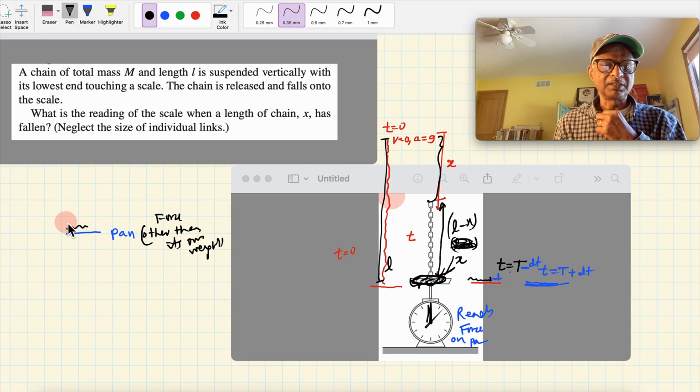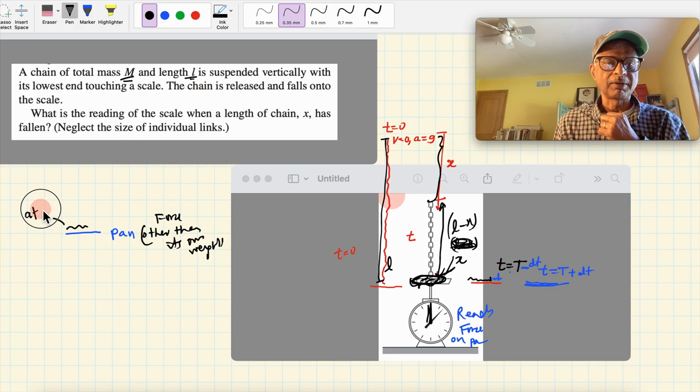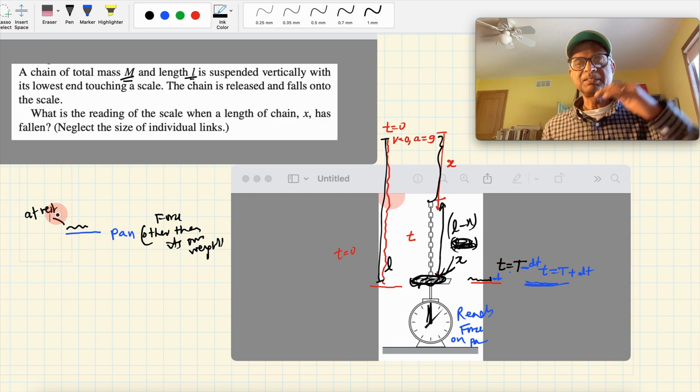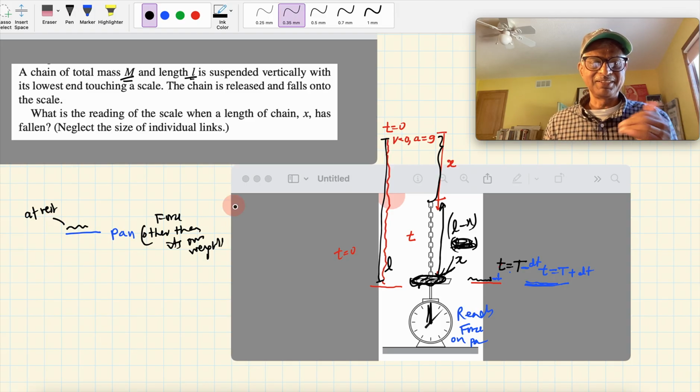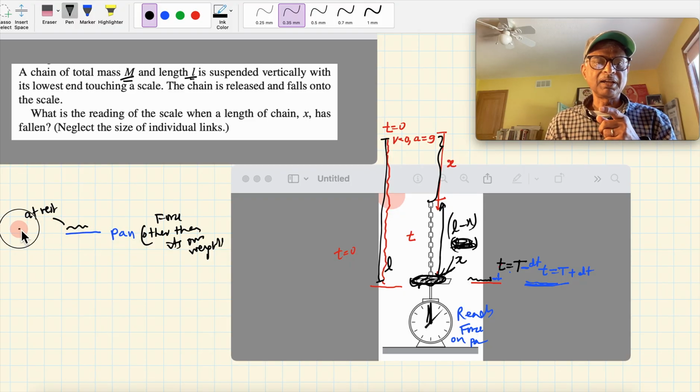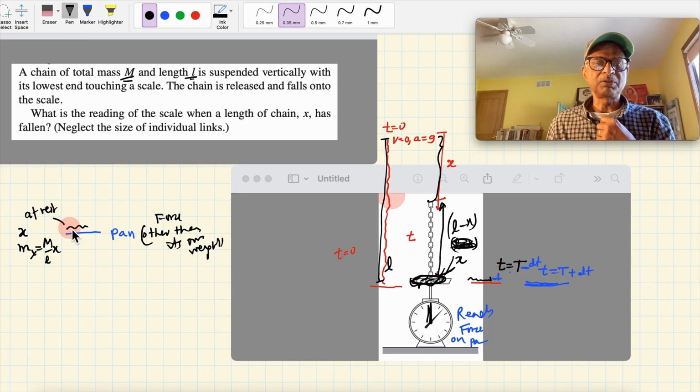So this is the X. And it's saying the mass of that, and this is at rest. This is at rest. We're going to say when it falls, it immediately comes to rest. We are going to say that, okay? It's not bouncing around or something. So at rest, an amount is X. So the mass in the X is a mass of length L, so you have a mass over L times X. So that's the amount of mass there, okay?